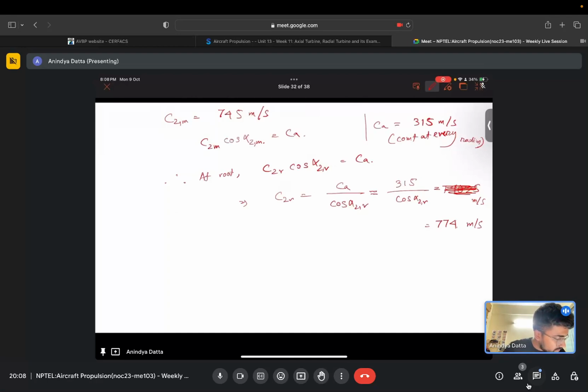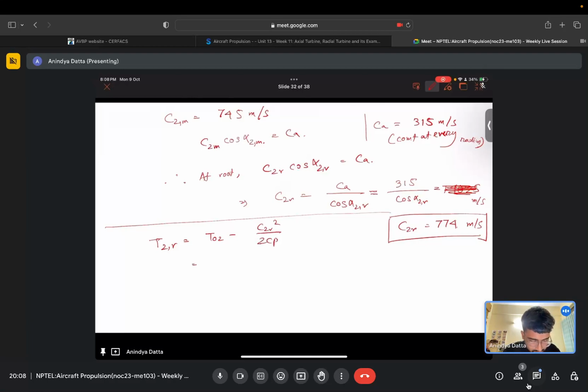Okay, so this is our root. Therefore, what we have to find out is the temperature at root, which is equal to T02 minus C2R square by 2 Cp. So T02 is T01, which is given as 900 Kelvin, minus 774 square by 2 into 1147.